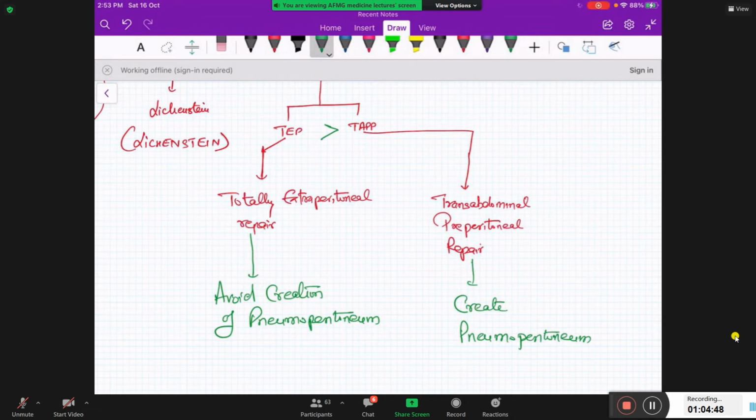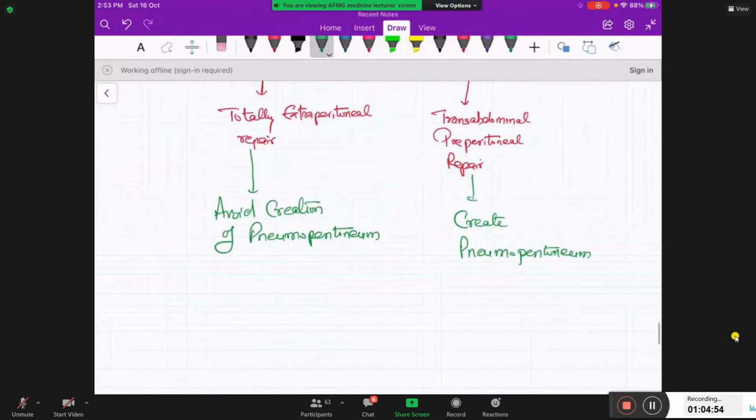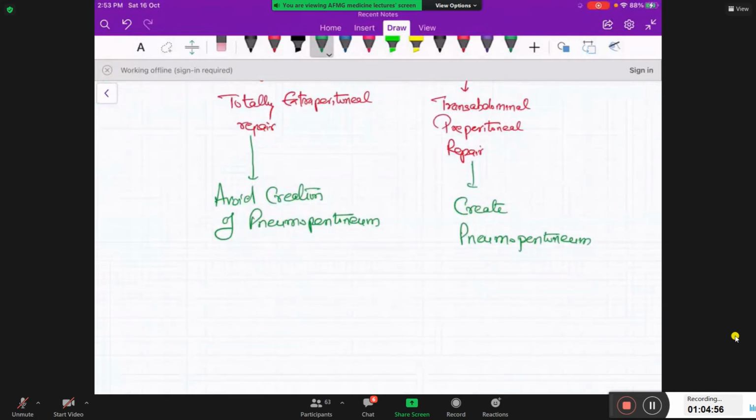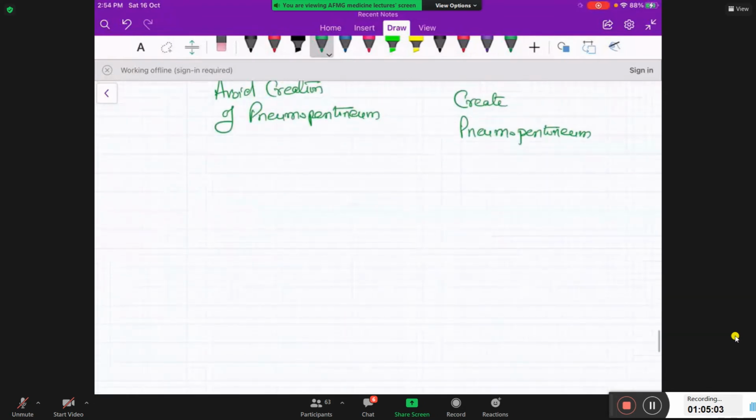We don't need to go into the detail of these repairs, but in both of them there are two triangles which we need to know.